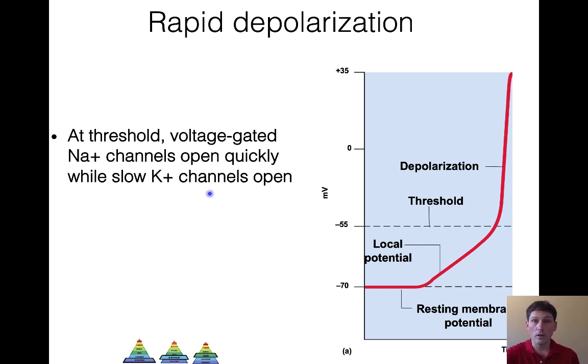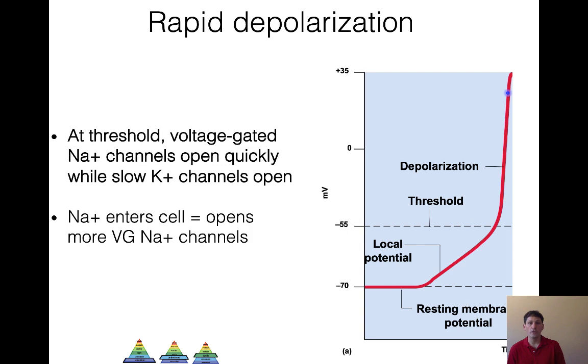So overall, we're increasing the positivity of our membrane here. So sodium enters, and as it's entering, it's causing more voltage-gated sodium channels to open. So we get this massive influx, really quick depolarization. Remember, moving away from our resting membrane potential and becoming more positive.